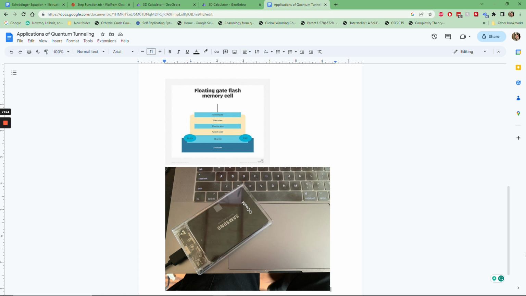Those use a device called a floating gate transistor, which, whenever you put any bit into one of these drives, or write any data on it, causes an electron to tunnel onto the gate. Again, this might seem weird because it is very weird. But these have a practical application. And if you ever want to go into software engineering or hardware engineering for computers or Blu-ray players, you're going to need to know it very well.